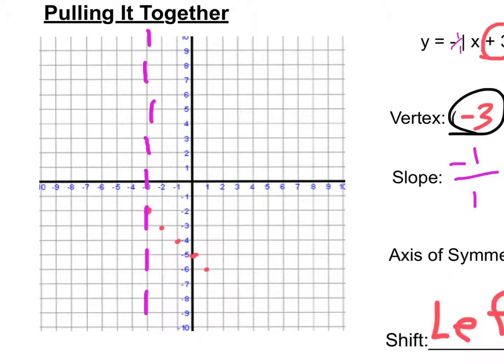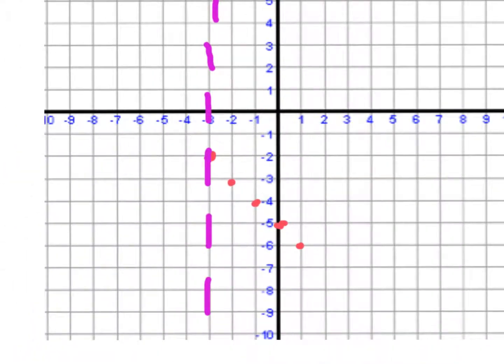Let's try that one again. Maybe I'll zoom in a little better. There we go. So, 1. 1, 2, so 1, 2. 1, 2, 3, 1, 2, 3. And I'm sure most of us have figured out the next one's going to be 4 over.